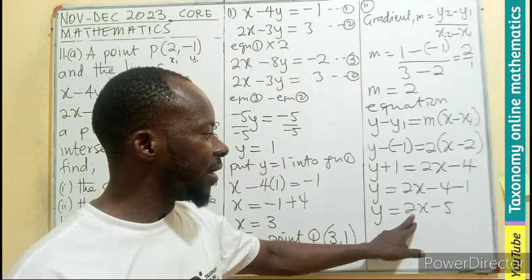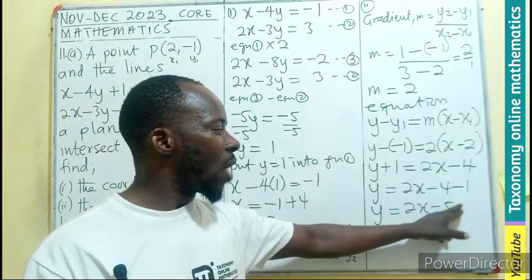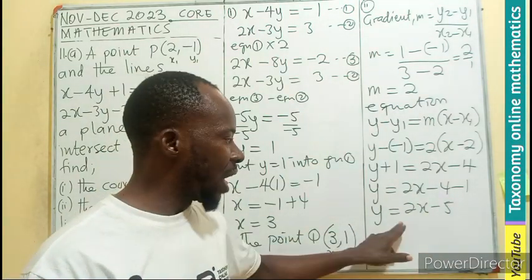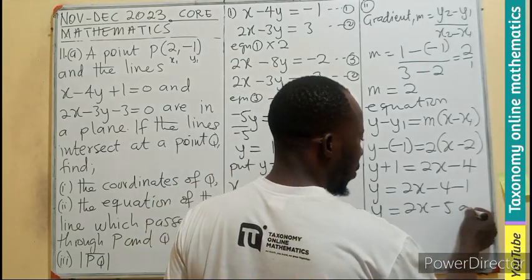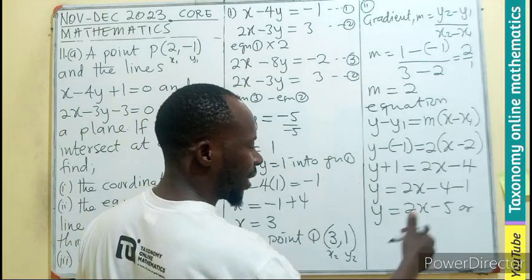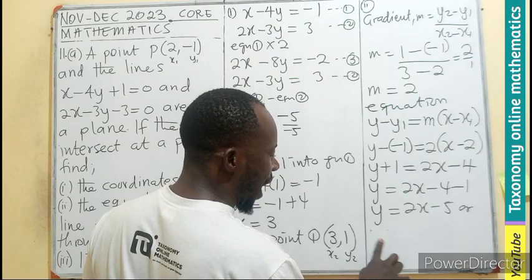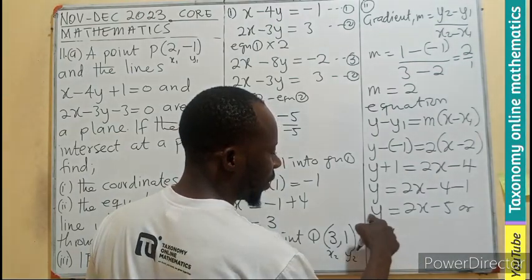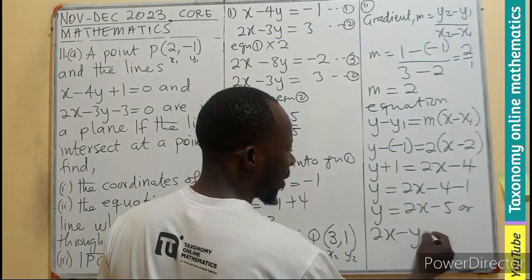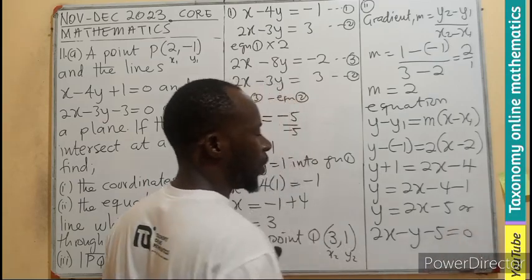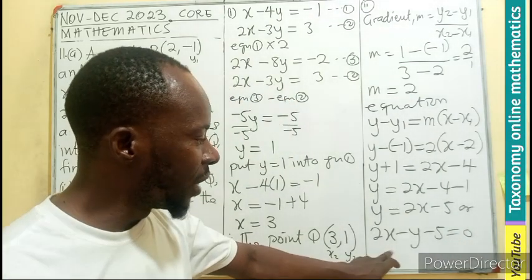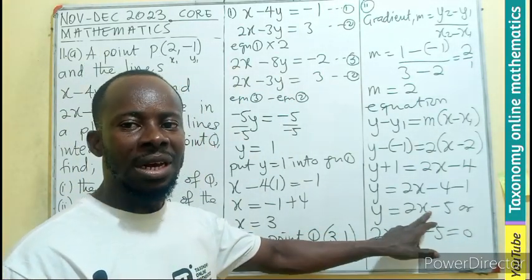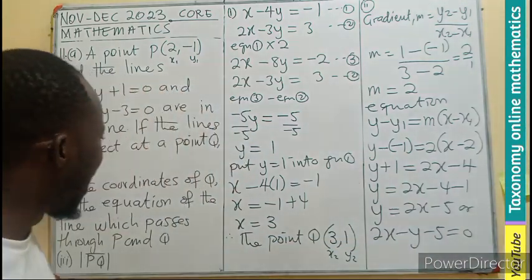You can see the gradient is the same, 2, and the y-intercept is negative 5. We can write it this way, or moving y over, 2x minus y minus 5 equals 0. So this could be the equation, or this could also be the equation. So we are done with that.